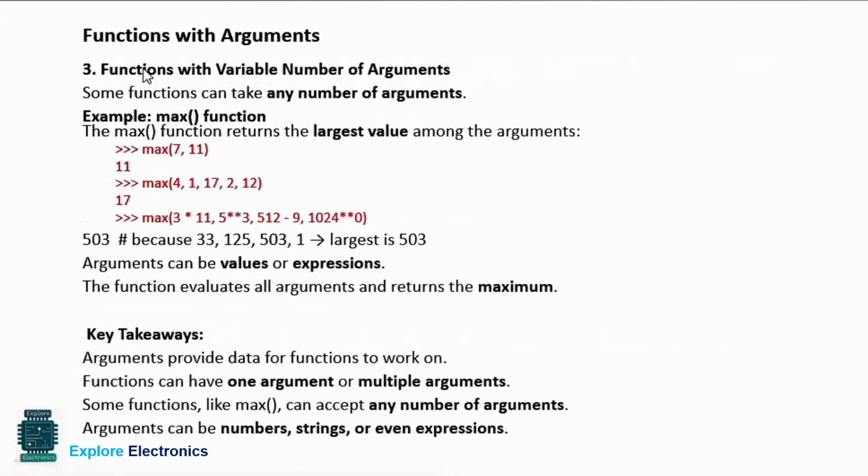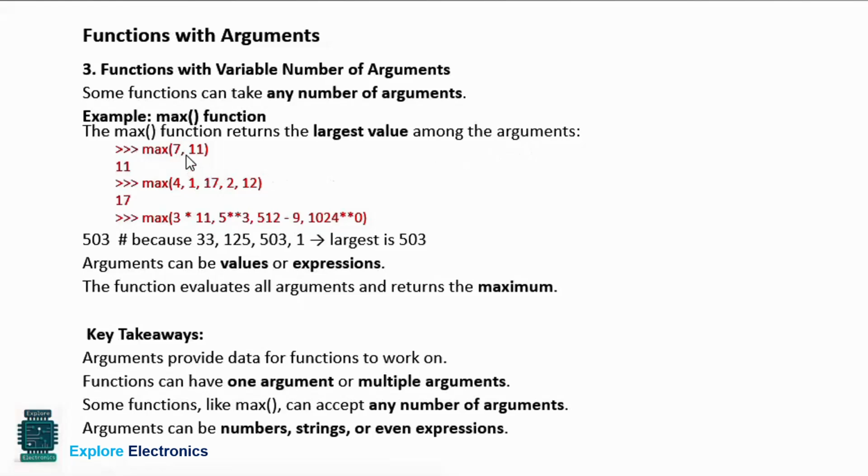Let us see functions with a variable number of arguments. Some functions can take any number of arguments. In the earlier examples I took one argument and two arguments. Let us see how it works with multiple arguments. For example, the maximum function returns the largest value among the arguments.